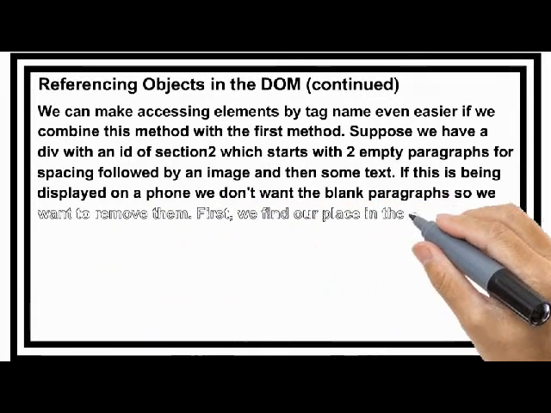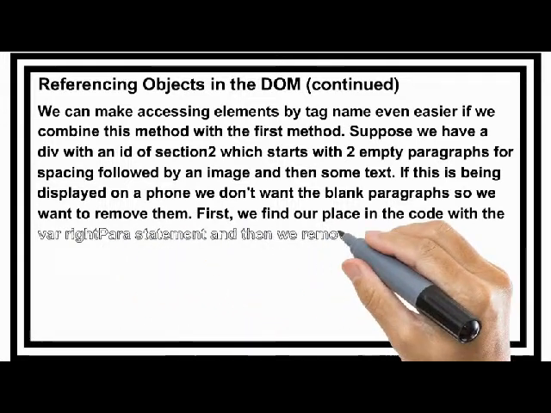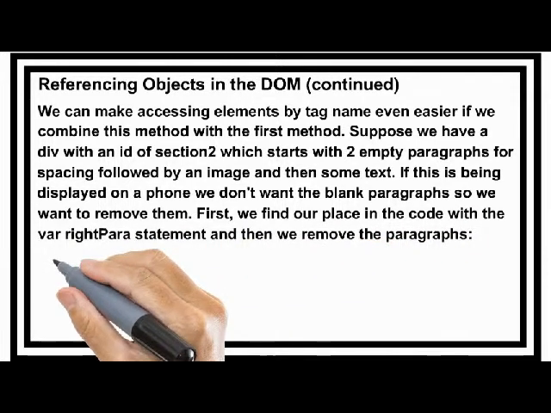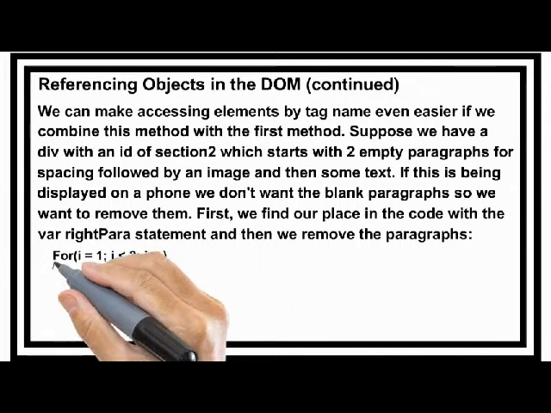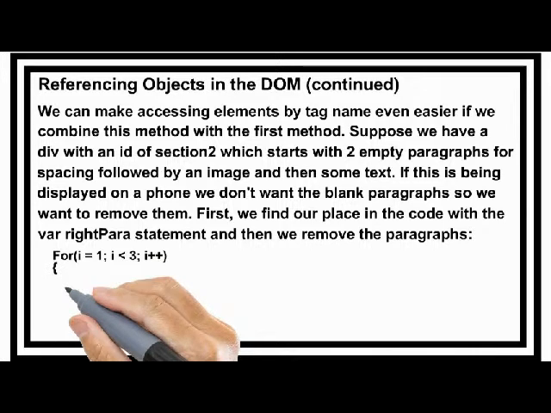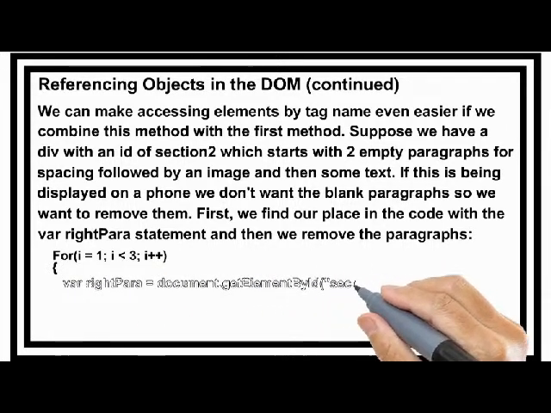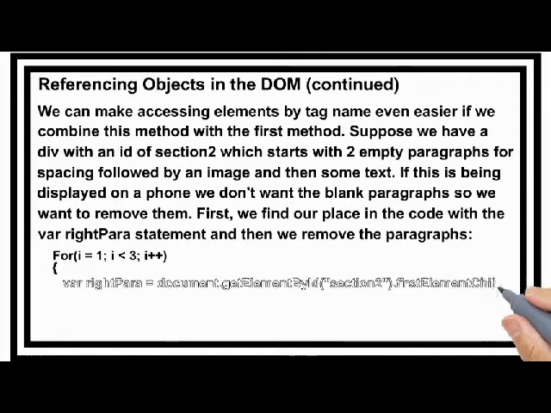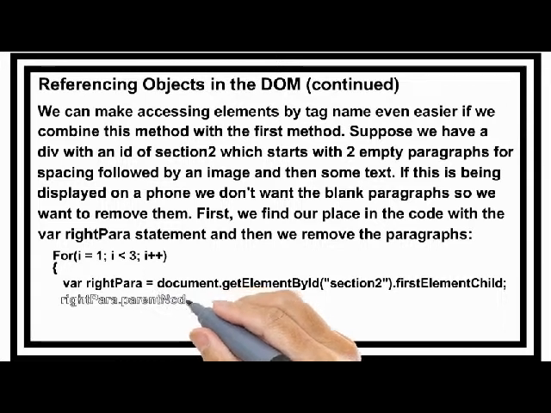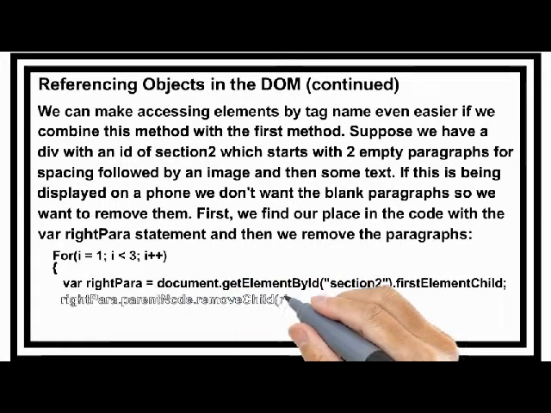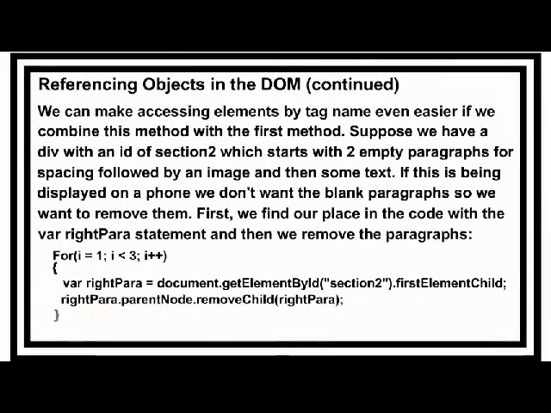First, we find our place in the code with the var rightPara statement, and then we remove the paragraphs. For i equals 1, i less than 3, increment i, left curly bracket, var rightPara equals document.getElementById for section2 dot firstElementChild, rightPara dot parentNode dot removeChild for rightPara, right curly bracket.